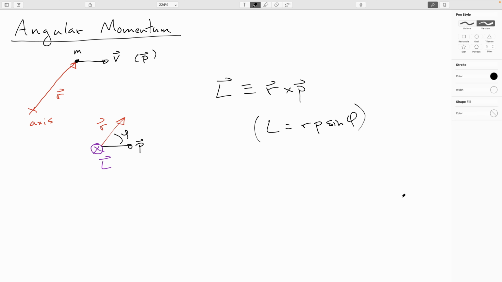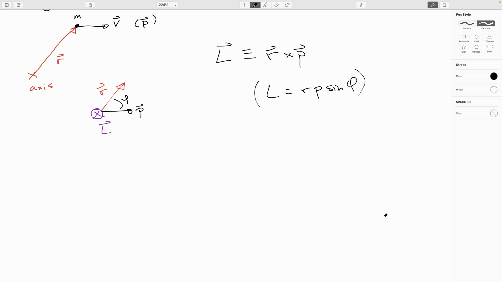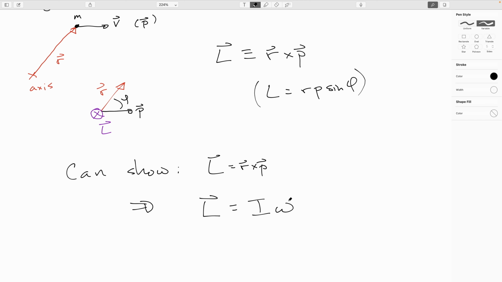Now, for the actual sorts of spinning objects that we generally think of, you can eventually show, so I'm just going to assert here, you can show, but the analysis is beyond the scope of what we can do here, although I do have videos of it on the channel, that L equals r cross p will eventually yield that the angular momentum of an object is equal to the moment of inertia about its rotation axis times the angular velocity.